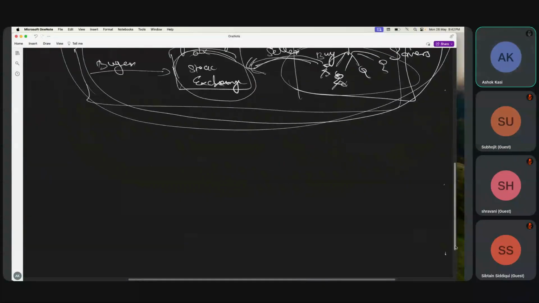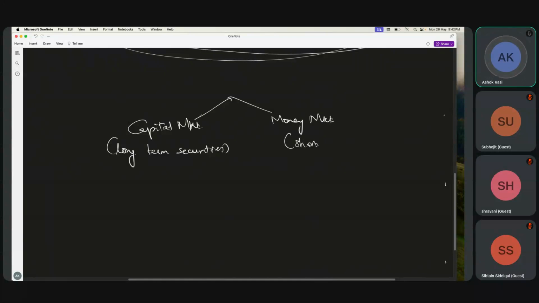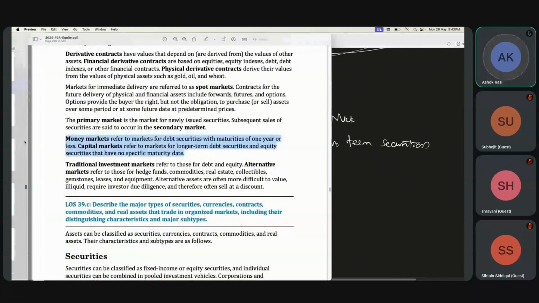The capital market covers long-term securities, and the money market is for short-term securities. What are these short-term securities? We will see when we come to the money market. For now, let's stick to equities only.